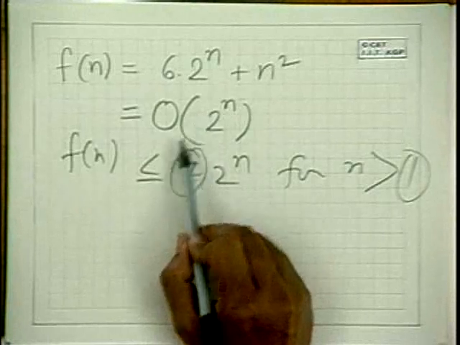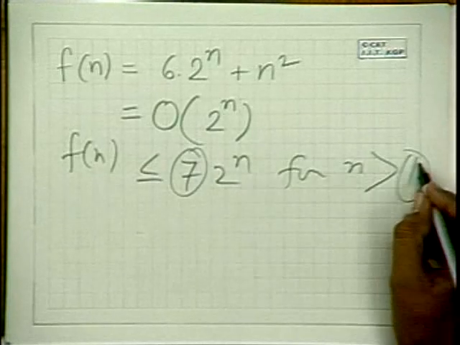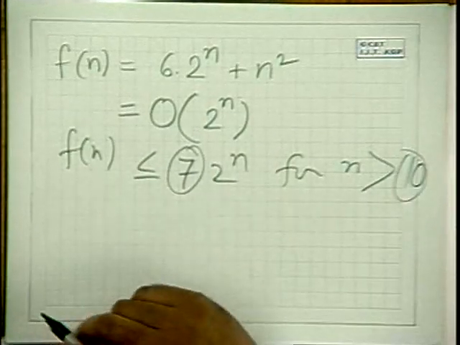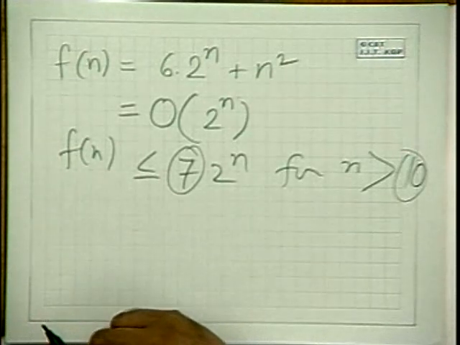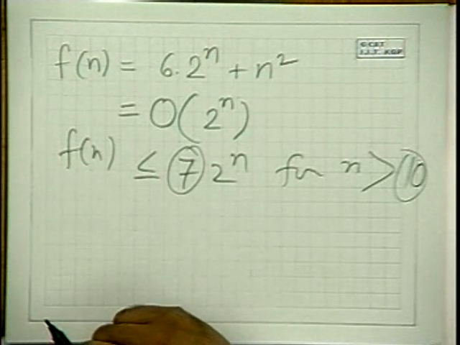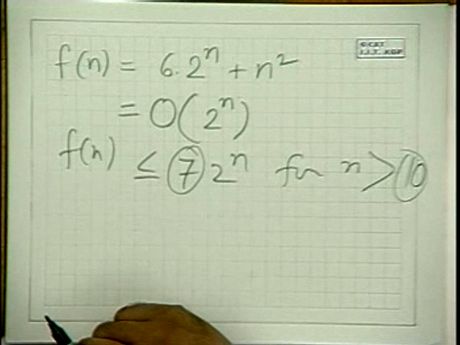In the previous problem, we were given that if n is greater than 2, then 2 to the power n is always less than n square. Right, sir, for n greater than 2. Or we make it n greater than 10. So then also, for any value of n greater than 2, 2 to the power n is always less than n square.